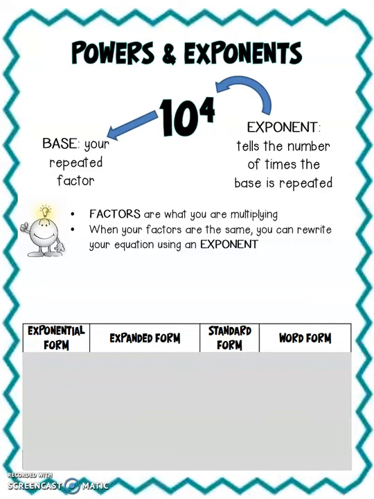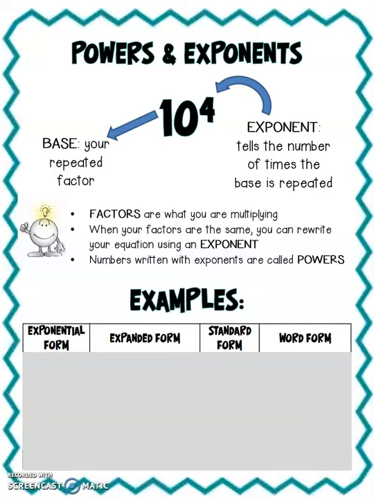That means if we had an equation 10 times 10 equals blank, we could rewrite that with an exponent. But if I had 3 times 4 equals 12, I couldn't because the 3 and the 4 are not the same number. So your factors need to be the same in order to rewrite them using an exponent. And finally, numbers written with exponents are called powers. So let's look at some examples and see how all of those pieces work together.